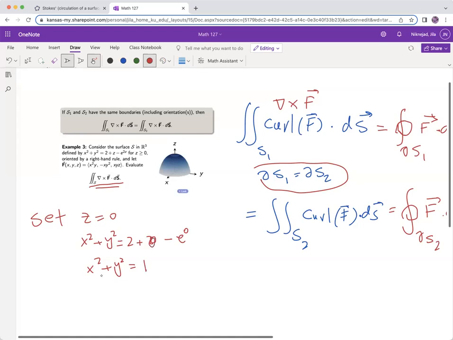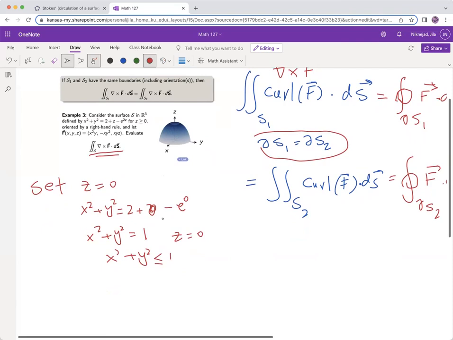So in the plane z equal to 0, not in 3D space, this gives me the boundary. It's a circle. If I take the disk x squared plus y squared less than or equal to 1, that disk is the other shape that we saw. So my plan is to compute the surface integral over this disk.